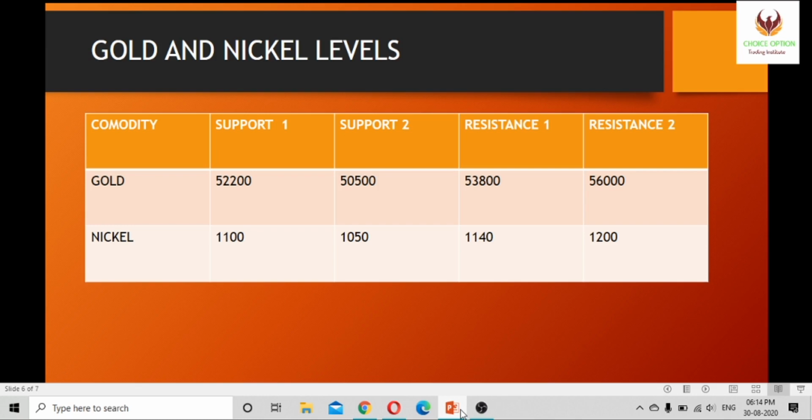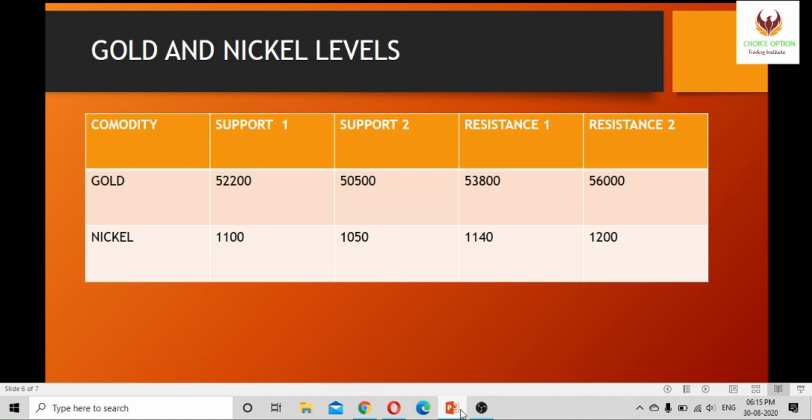When you see the gold levels, with the 50 EMA and 20 EMA, gold has taken support at the 50 EMA and is trading around the 50 EMA and 20 EMA.